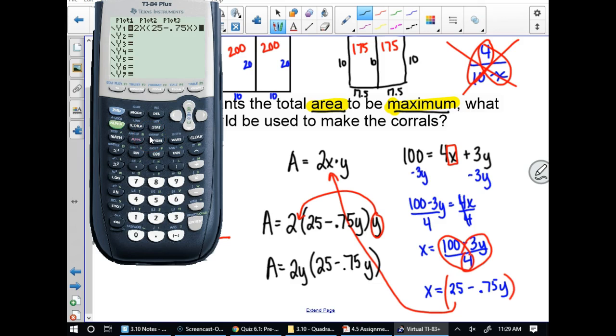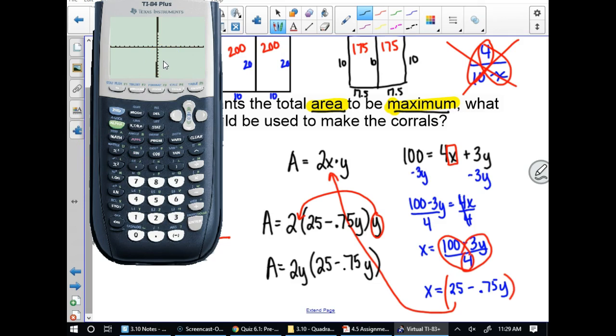All right, we okay so far? Okay, we're going to hit graph. I can see part of my graph depending on what your window is. If you're at Zoom 6, you can't really see anything.